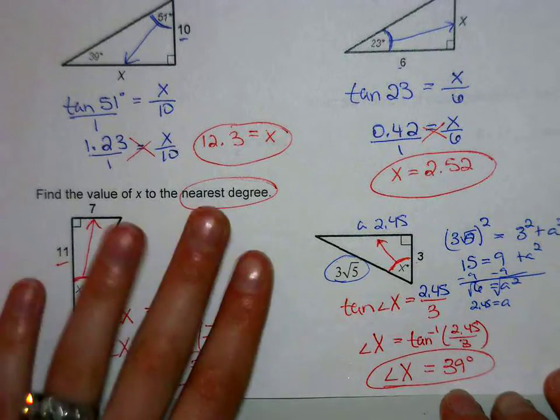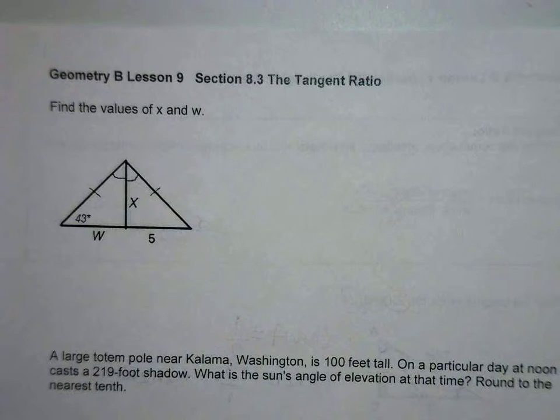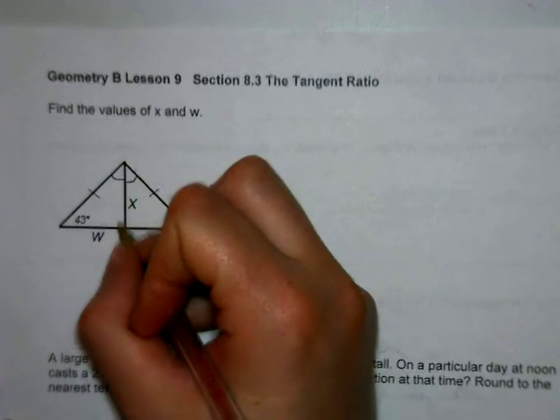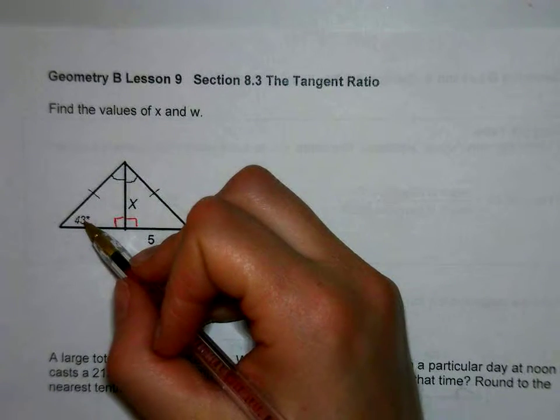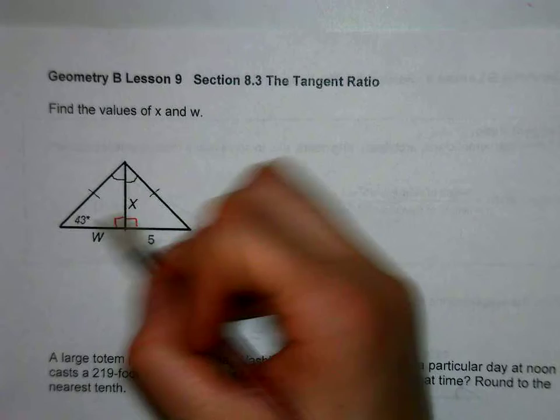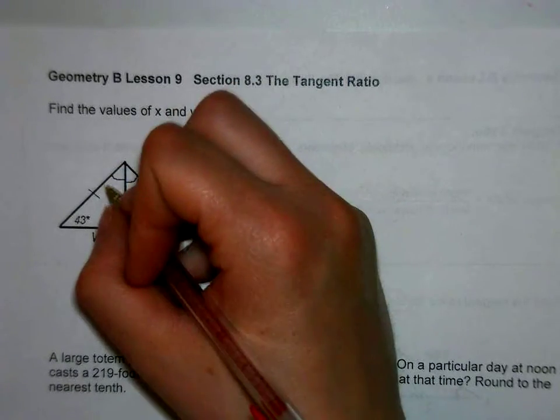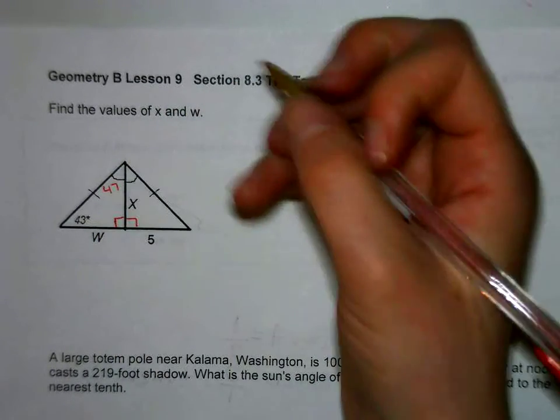Flip it over. Let's look at the back page. We want to find the values of x and y. Knowing that we have two right triangles, so if this is 43 degrees, 43 plus 90 and subtract it from 180, that means that this angle is 47.